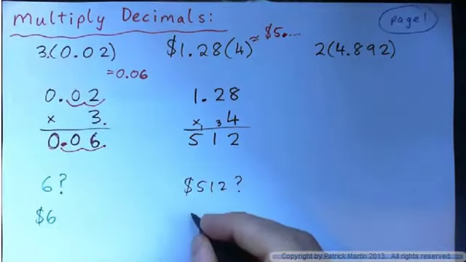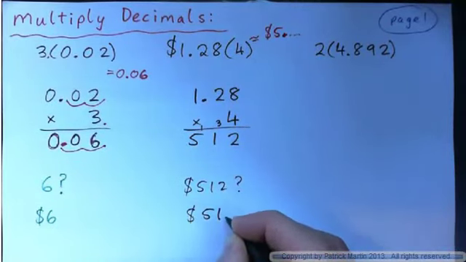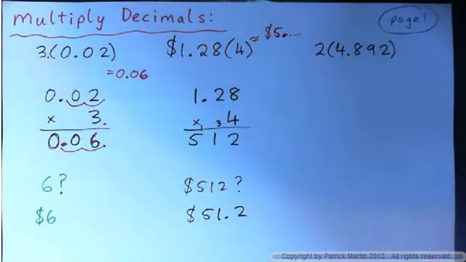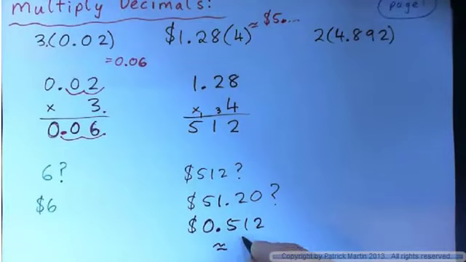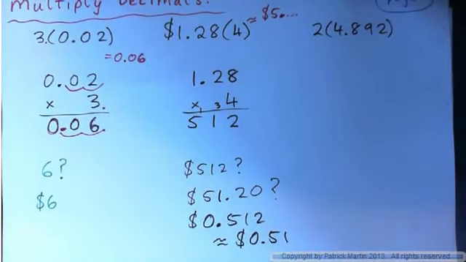Is it going to be that, or how about $51.02 or $51.20? Does that make sense? Or how about, we'll put the decimal point over here, 0.512, which is approximately 0.5, which is 51 cents. What is the cost going to be?